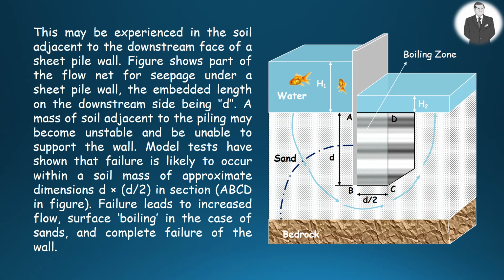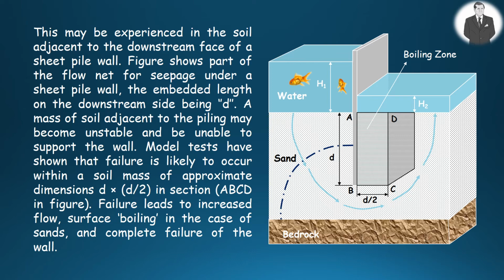The figure shows part of the flow net for seepage under a sheet pile wall, and the embedded length of the sheet pile wall on the downstream side, which is D. A mass of soil next to the piling may become unstable due to quick condition and cannot support the wall anymore.